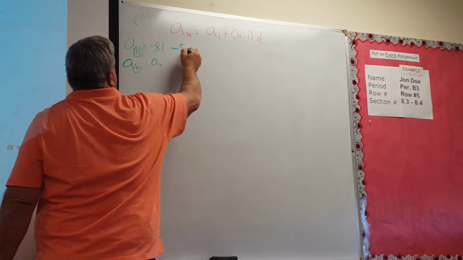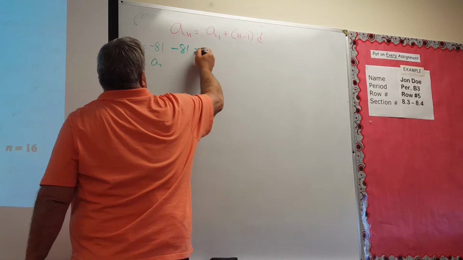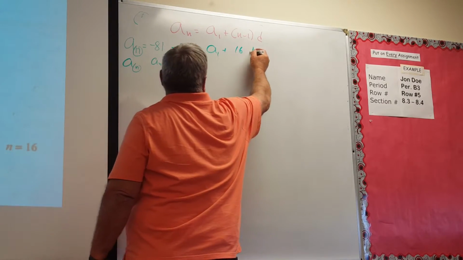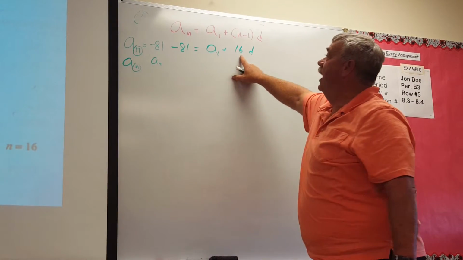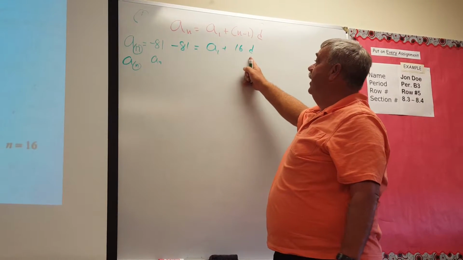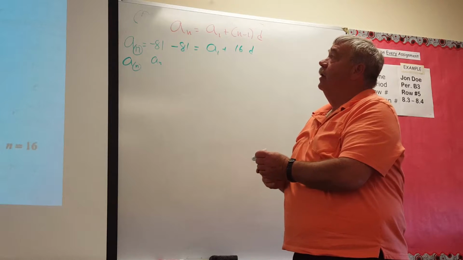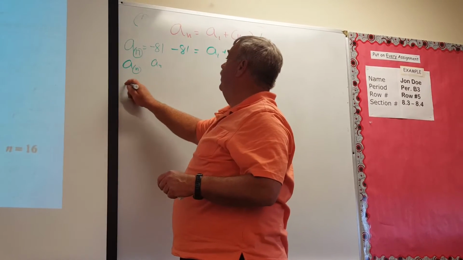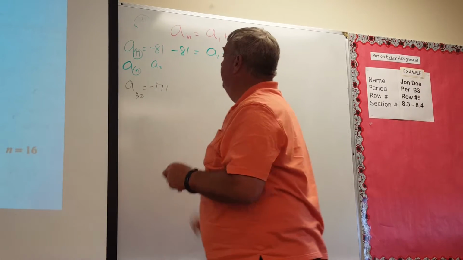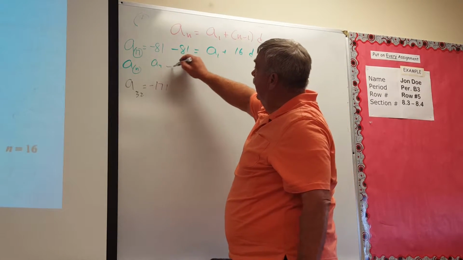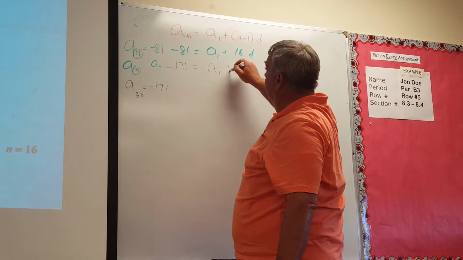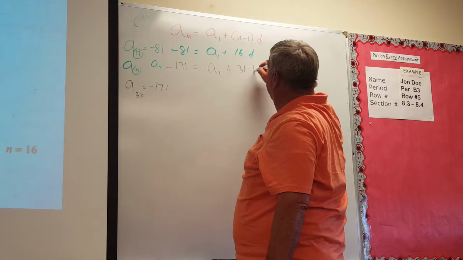So you'd write negative 81 equals A1 plus 16D. Now, it's always going to be one less than what we have here, because it's N minus 1 times D. And then it says A of 32 equals negative 171. So negative 171 equals A1 plus 31D.